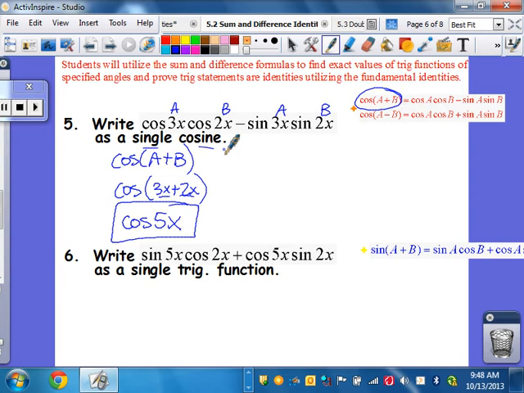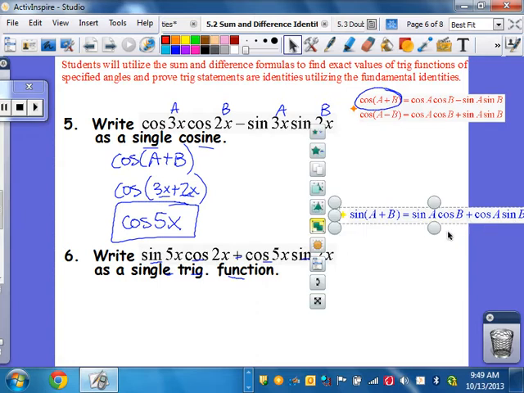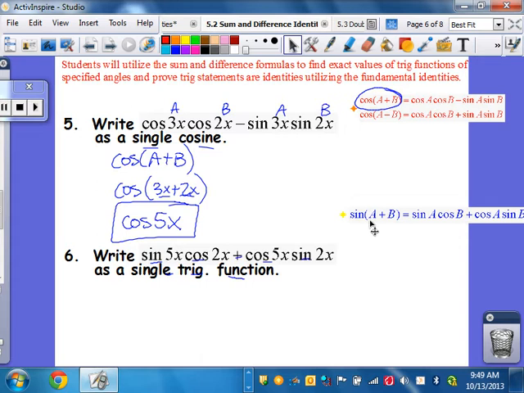Now, if I say write as a single trig function, you guys got to go find it. So in this case, I see sine cosine plus cosine sine. Go to your formula sheet. Obviously, I give it away here, but sine cosine plus cosine sine. So I know that it's a sum sine formula. Okay? So I'm going to go sine of A plus B. That's all it is.